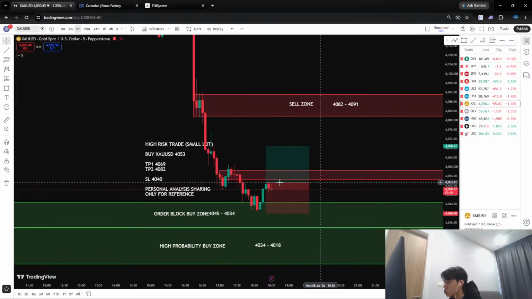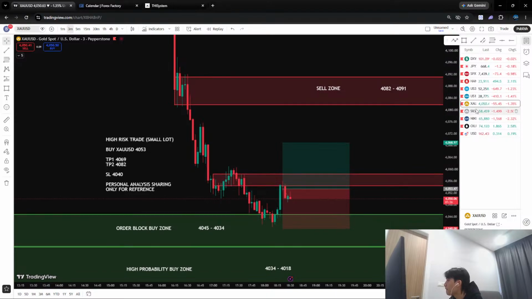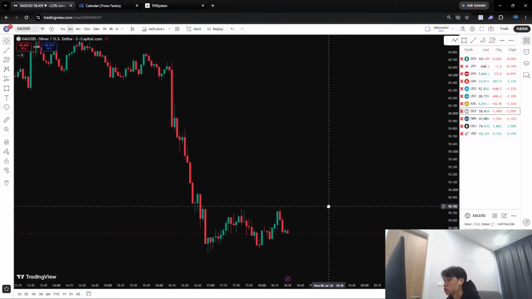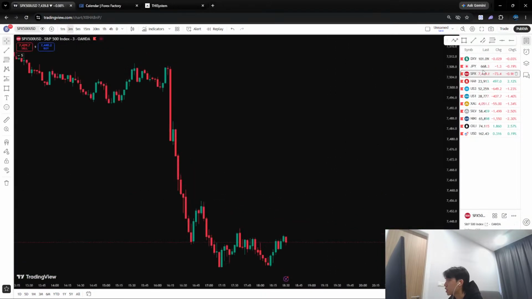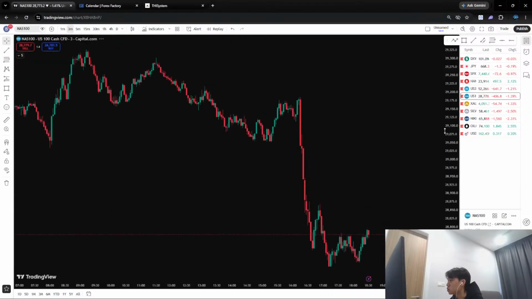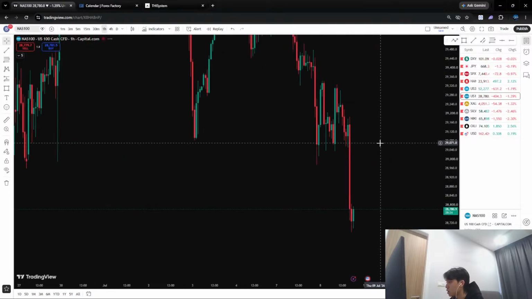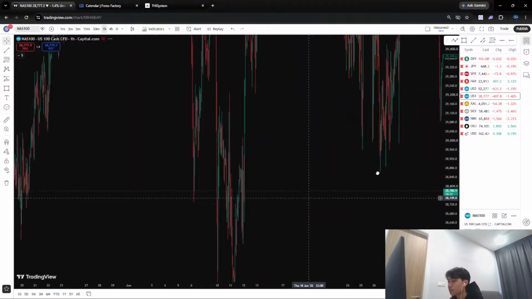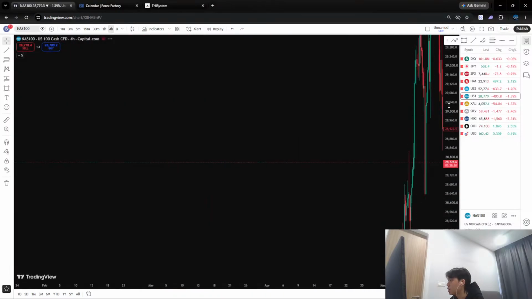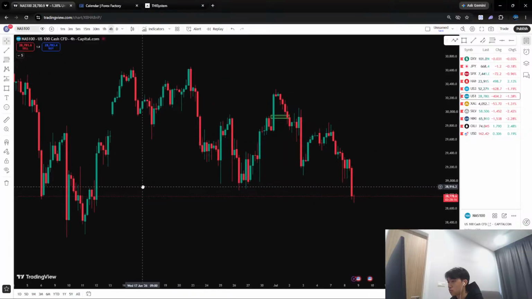For gold, gold is still left and right, not really moving anywhere. Silver is on a very far downtrend right now, so we will not touch on that. Let's see the US 30. US 30 is still there. For the Nasdaq, not really any movement. It has reached a very strong order block area, if I'm not wrong.